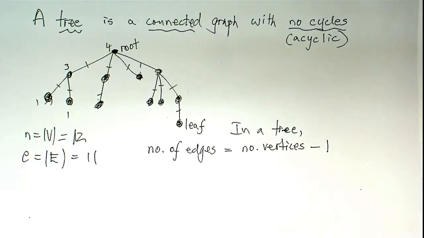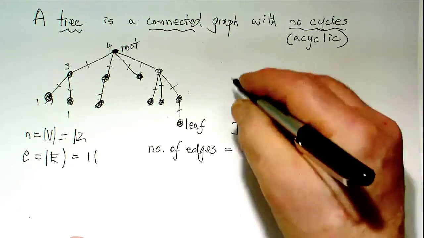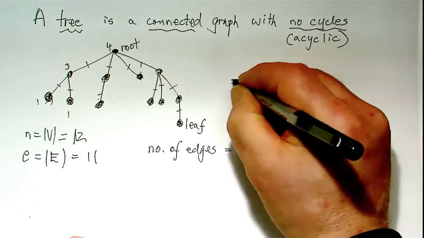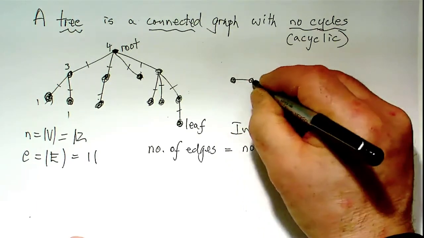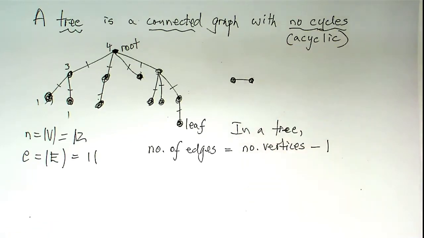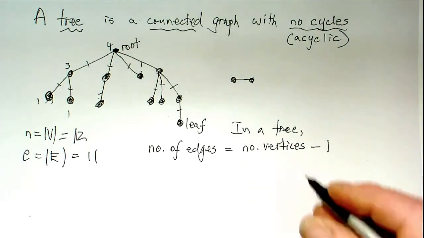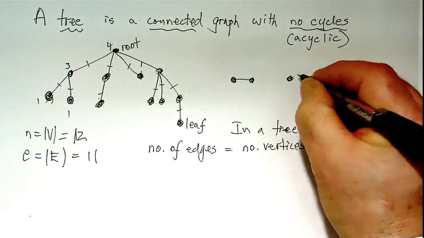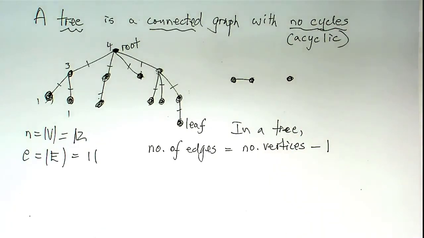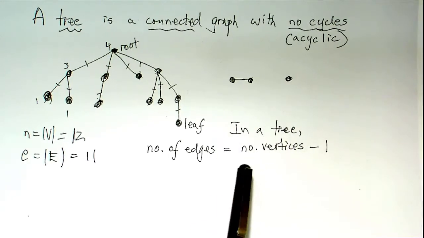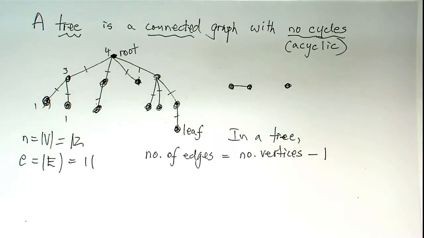Now you can always remember this just by drawing a simple tree. This is a tree, and it has 2 vertices and 1 edge. Or you can be even simpler. This is a tree. It has 1 vertex on its own. The people who like isolated vertices, that's a tree, and it has 1 vertex and no edges. So with these simple examples, you can always remember to get this formula the right way round.